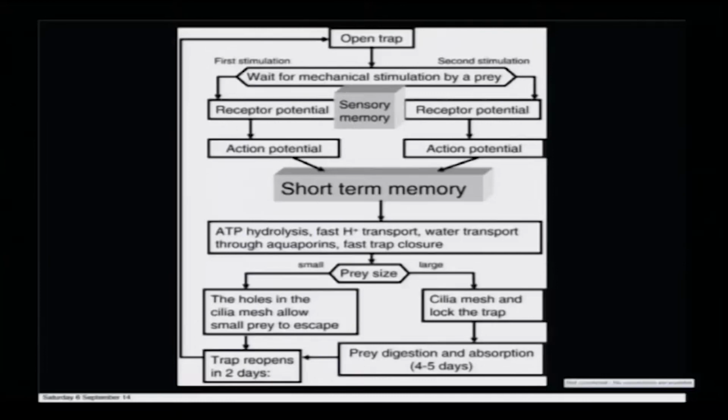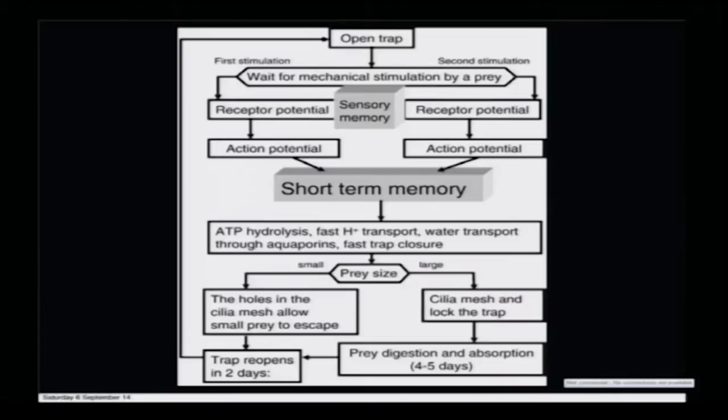Now, if you see the slide: open trap, first stimulation, second stimulation, wait for mechanical stimulation by the prey, change in the receptor potential, the sensory memory, action potential, which is a short term memory, followed by ATP hydrolysis, which is basically a biochemical phenomenon, followed by proton transport, fast H plus transport, and water transport through aquaporins, which are the water channels, leading to fast trap closure.